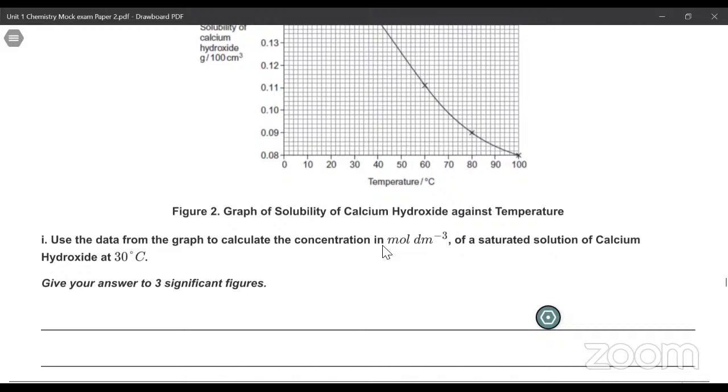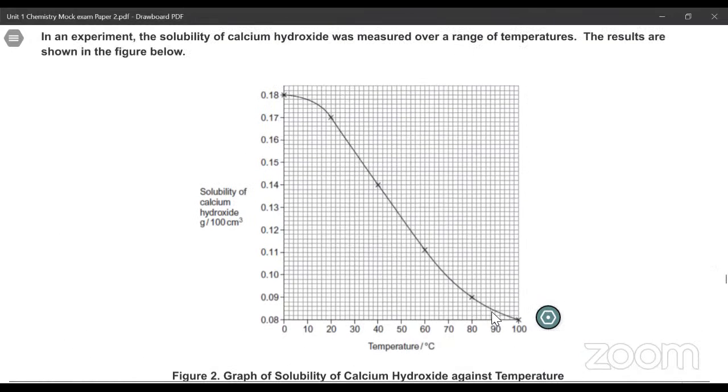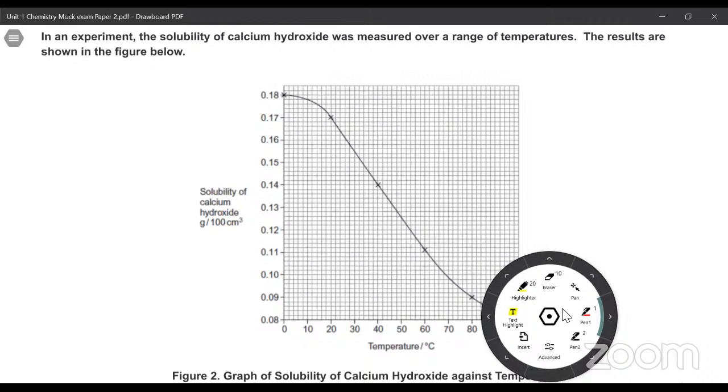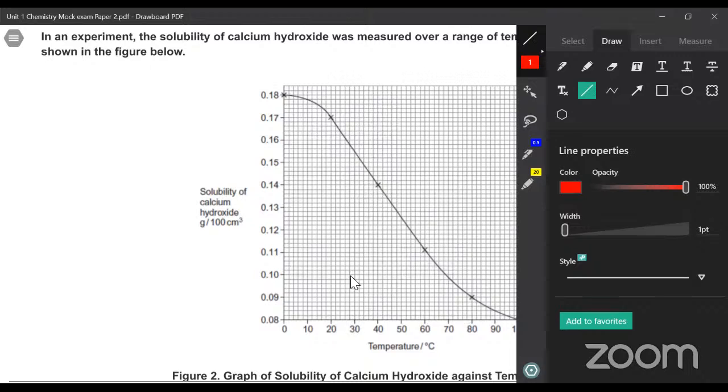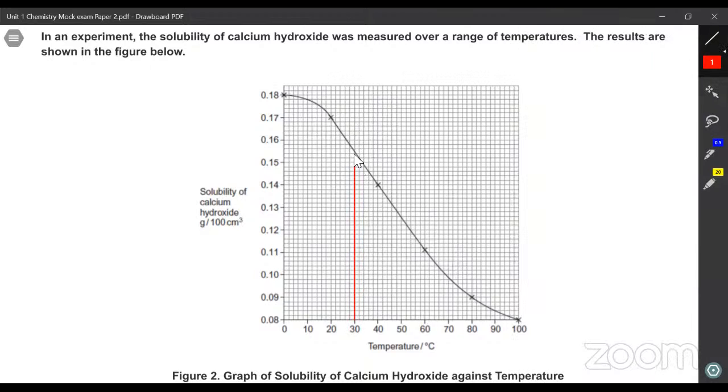Use the data from the graph to calculate the concentration in mol per dm cubed of a saturated solution of calcium hydroxide at 30 degrees Celsius. All right. So you want to go to the graph and look for 30 degrees Celsius and draw a line all the way up, right? And then all the way across.